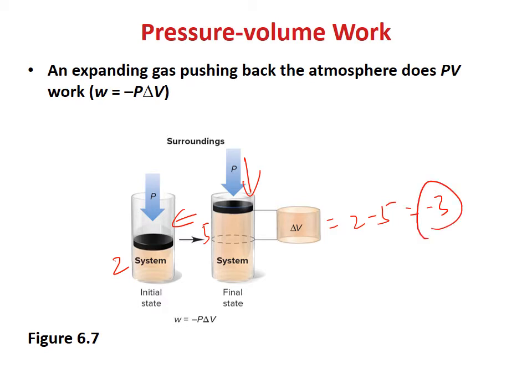According to this equation, negative pressure times a negative volume change gives you positive 3 times pressure. This is again consistent with the chemistry convention that if work is done by the surrounding on the system, work should be positive.